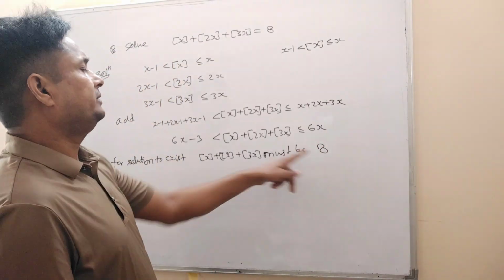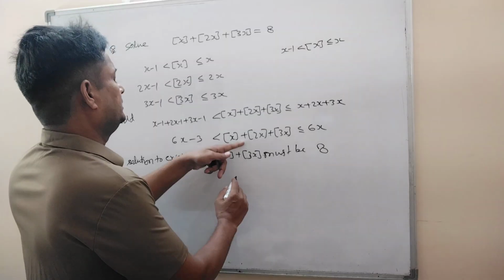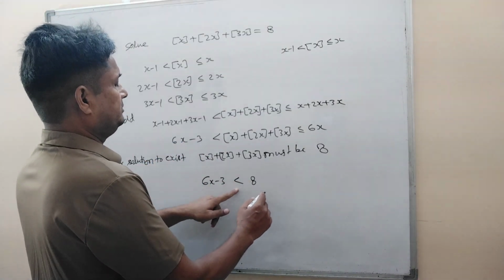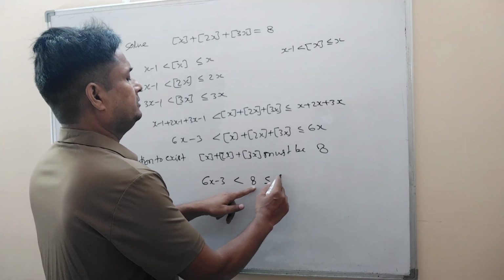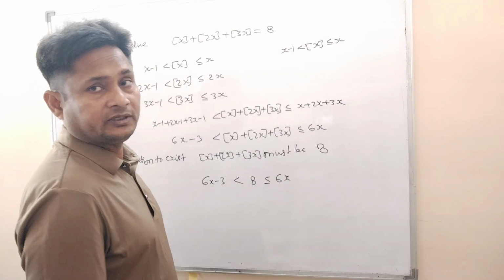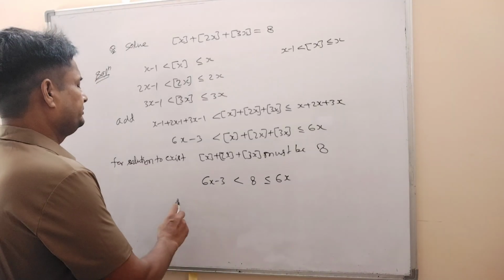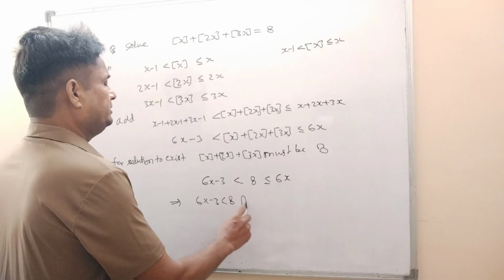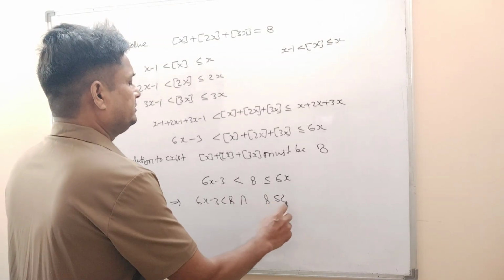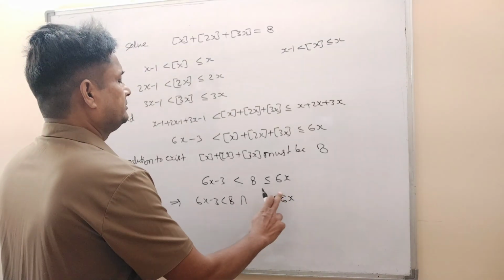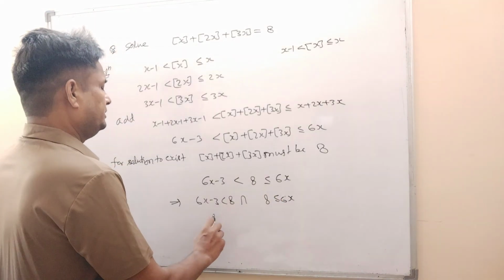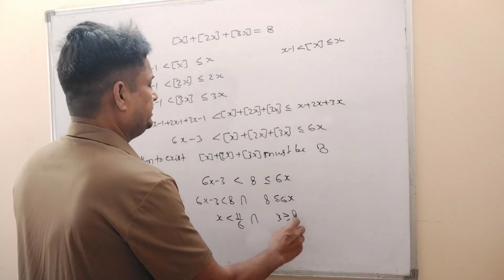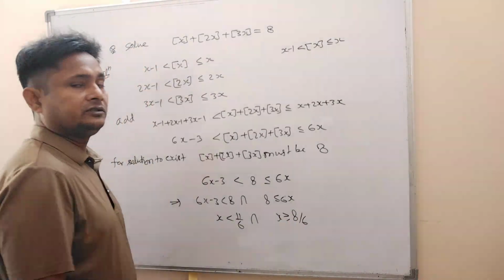So substitute this value here. That means 6x minus 3 is less than 8 and 8 is less than or equal to 6x, right? Now solve this inequality. Then x will be less than 11 by 6 intersection x will be greater than or equal to 8 by 6, right?